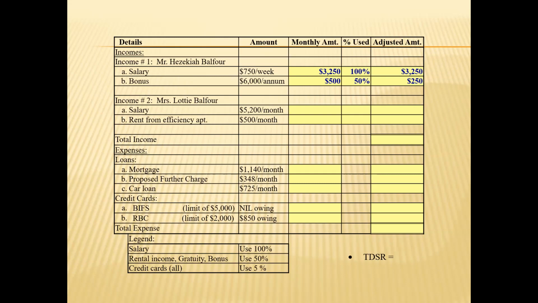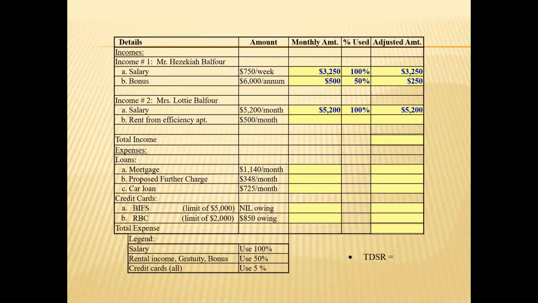Now Lottie, she has salaried income of $5,200 a month. How do we deal with that? Carry it over, sir. Okay, so 5,200 per month. How much of that do we use? 100%, sir. Salary. So the adjusted amount would be the same. Very good. What about the rent from the efficiency apartment?